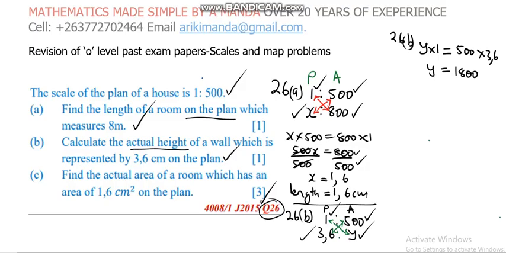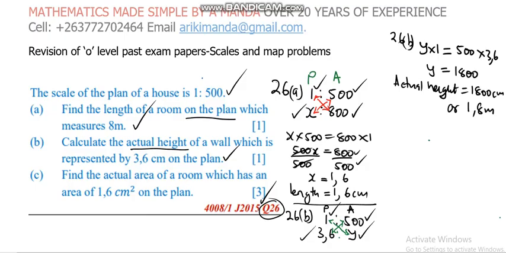We are done. So we can now say actual height is equal to 1,800 centimeters. If the question asks you to convert the height into meters, you simply divide by 100. So we can say 1.8 meters. This will be the answer.